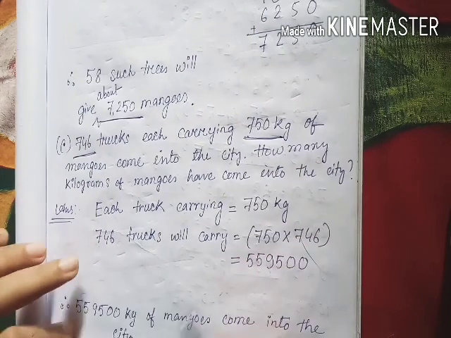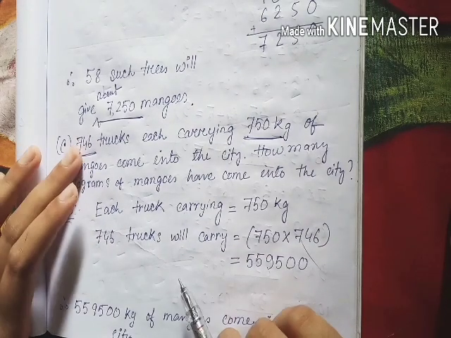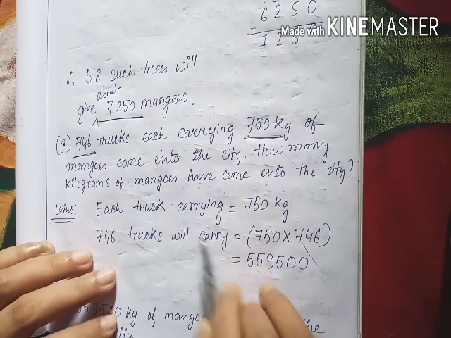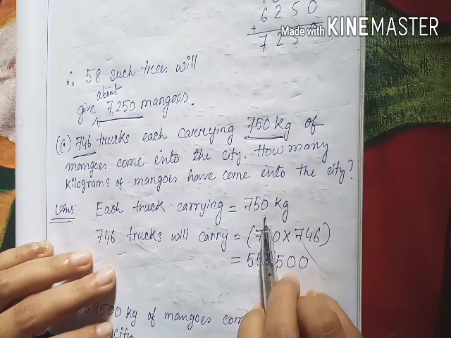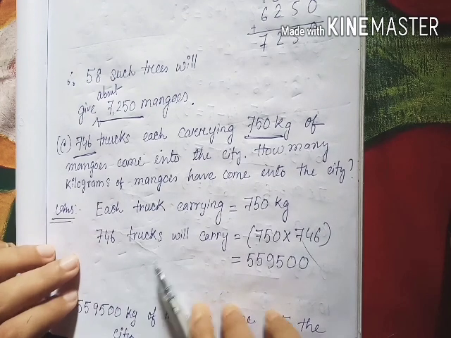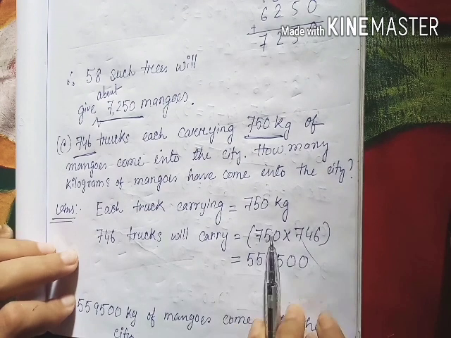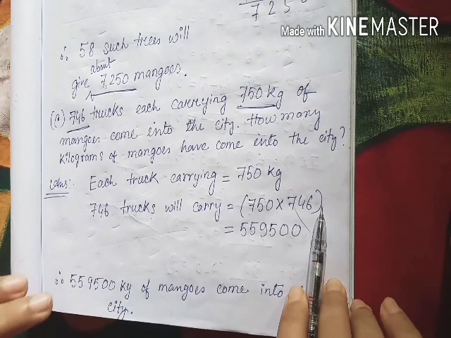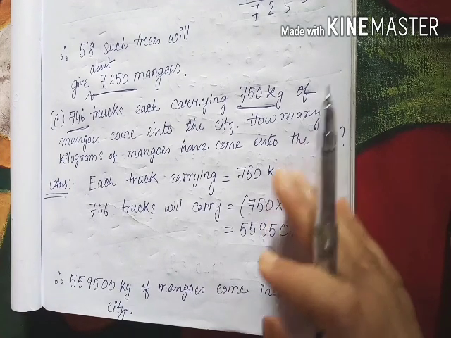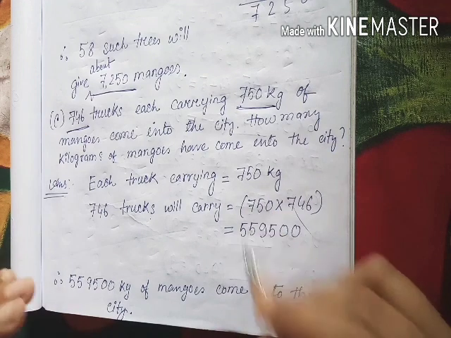So here you have to find for 746 trucks. Each truck is carrying how many kg of mangoes? 750 kg. So 746 trucks will carry, so you have to do multiplication. Here I have written directly the answer, but you have to show it, because this word problem will be of more marks.